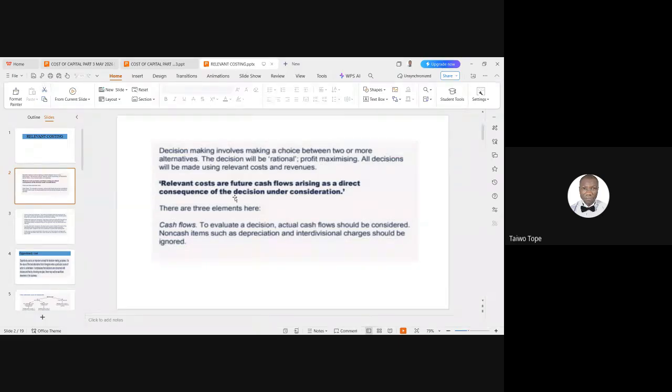So relevant costs are costs that have to do with a decision in relation to the future. Where the cost is not futuristic, it is not relevant. Where the cost is past, is sunk, it is not relevant. So there are three elements here.